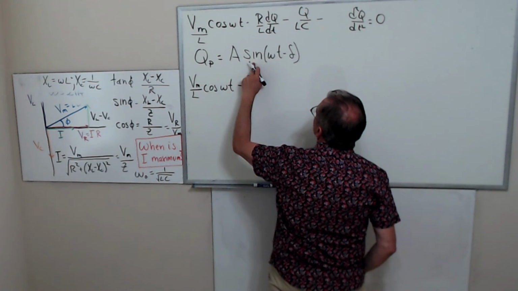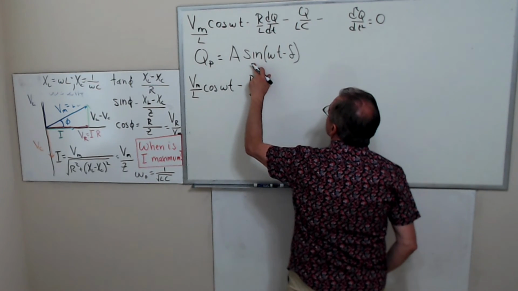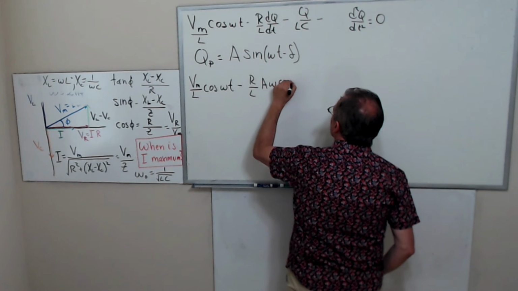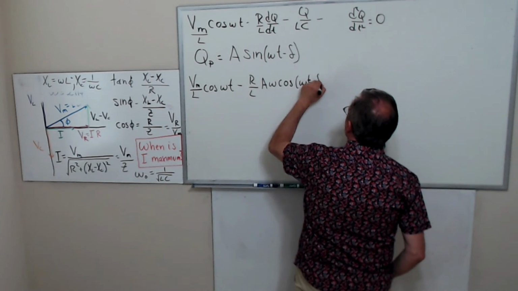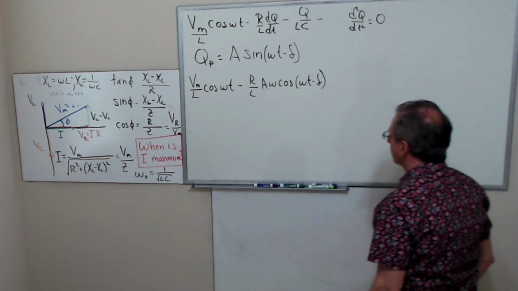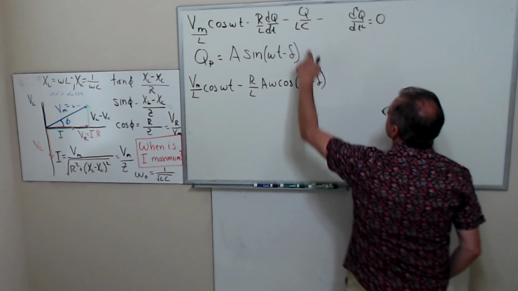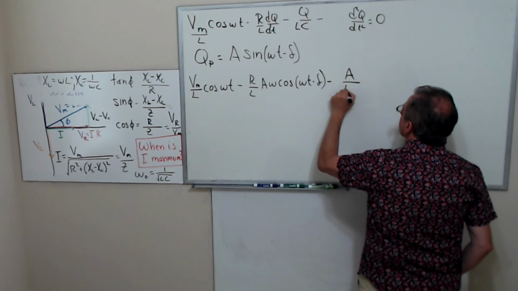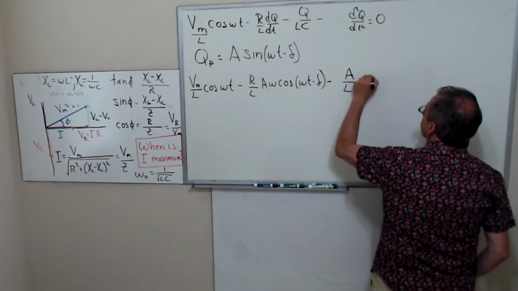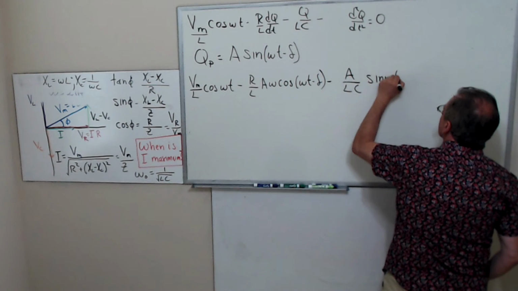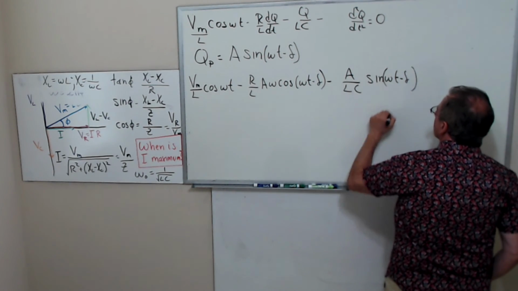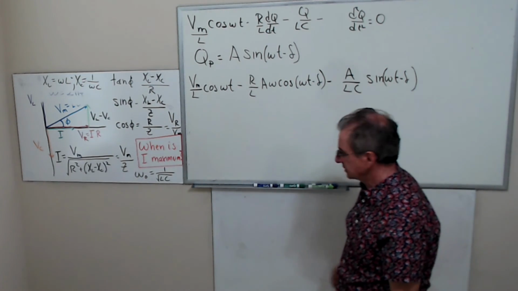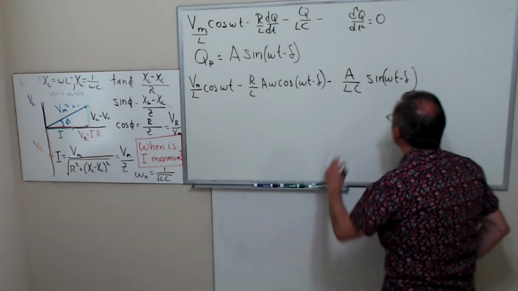What's the time derivative of Q? What is that going to give me? What's the derivative of sine? Then this term is going to give me, but what's 1 over LC? Isn't that the same as omega naught squared?